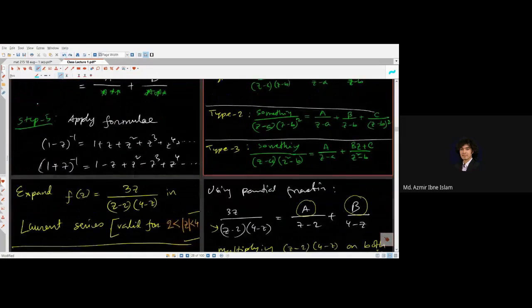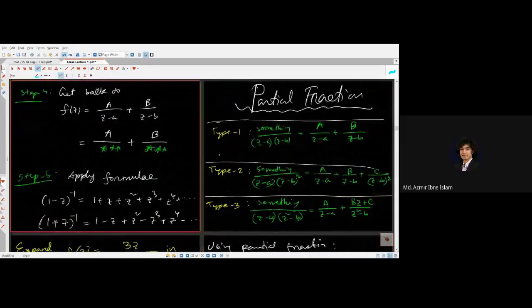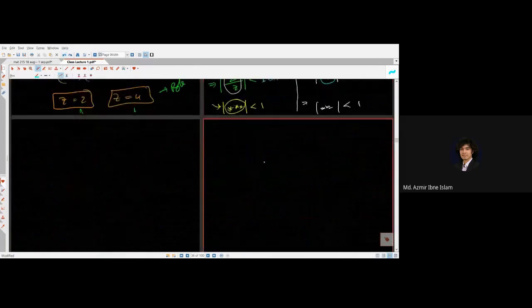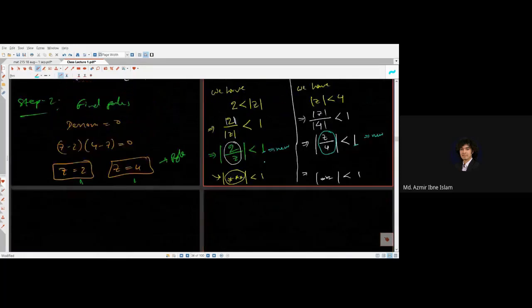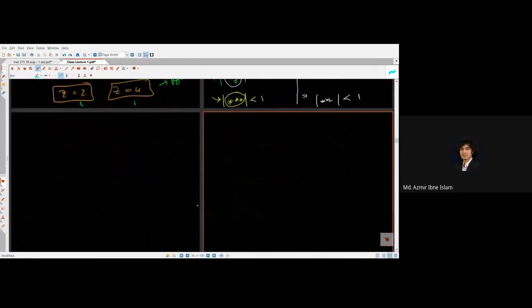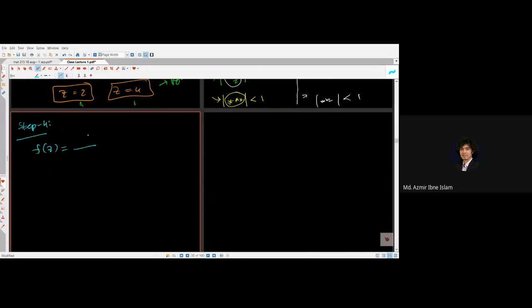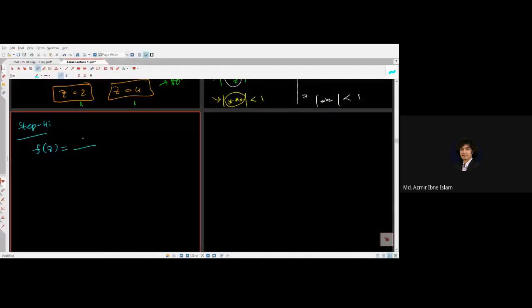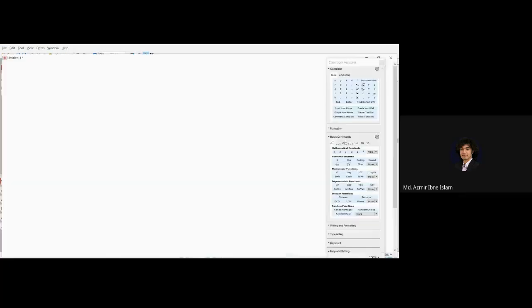With this problem, I will conclude the session. So our main function that has come from partial fraction decomposition is this one. F of z equal to, step 4, f of z equal to, let me write from this one, 3 by z negative 2 negative 6 by z negative 4.